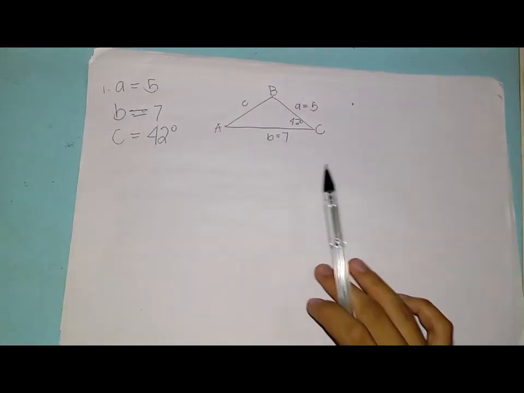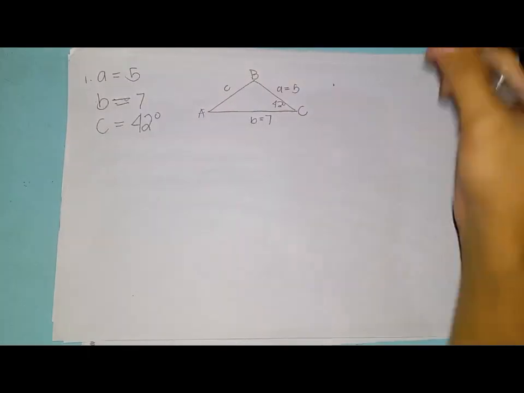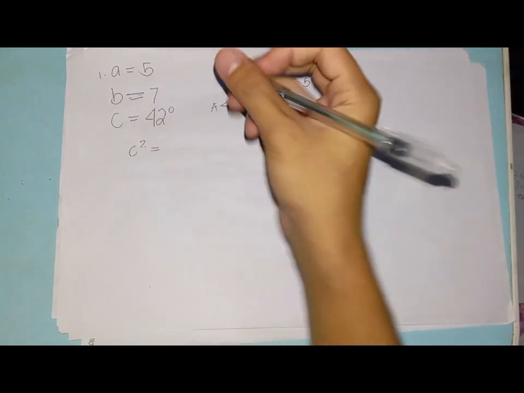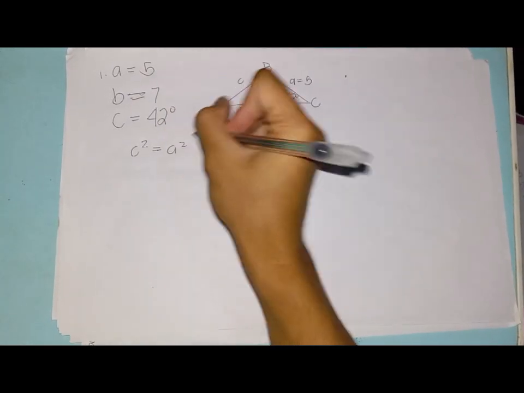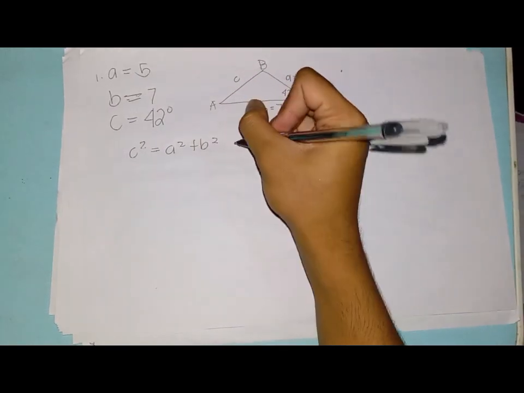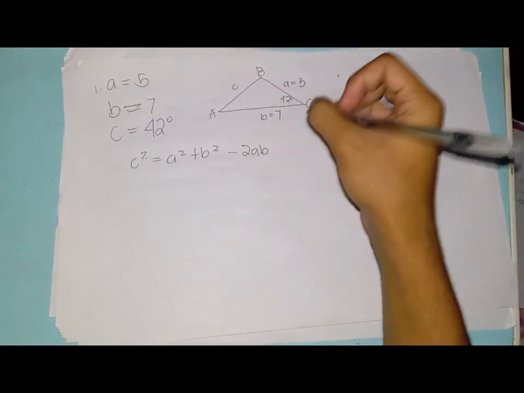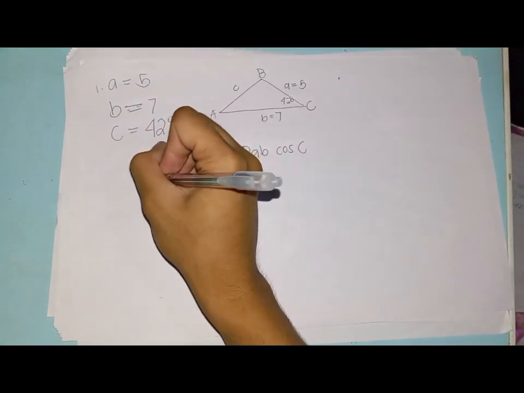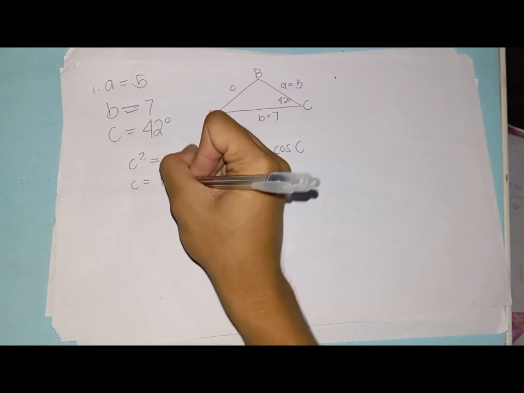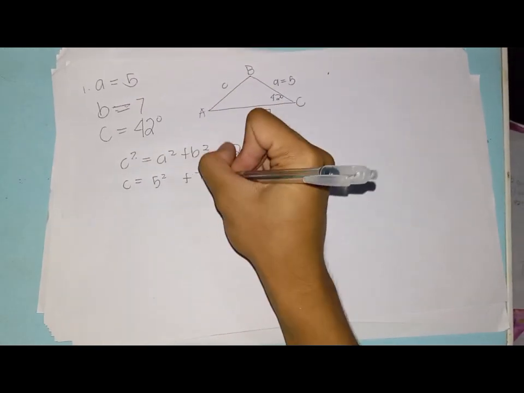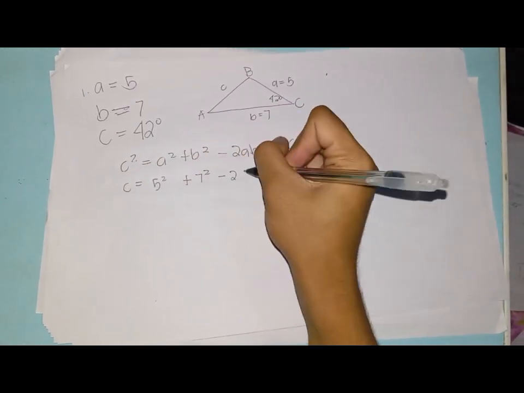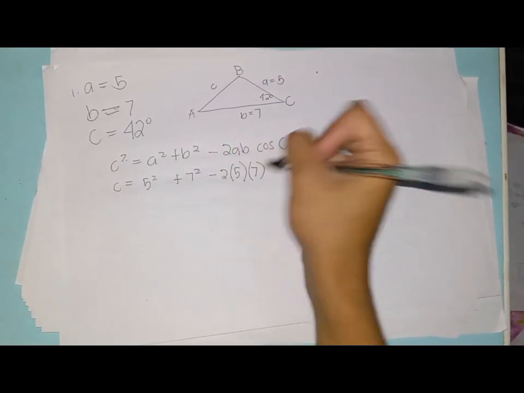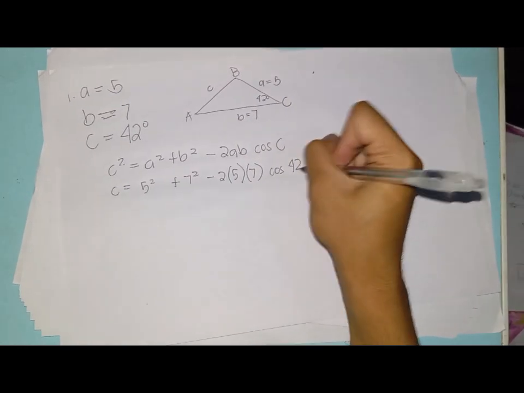So first we are going to find side c by using the law of cosines. c squared is equal to a squared plus b squared minus 2ab cosine C. Substituting the values, 5 squared plus 7 squared minus 2 times 5 times 7 cosine 42 degrees.